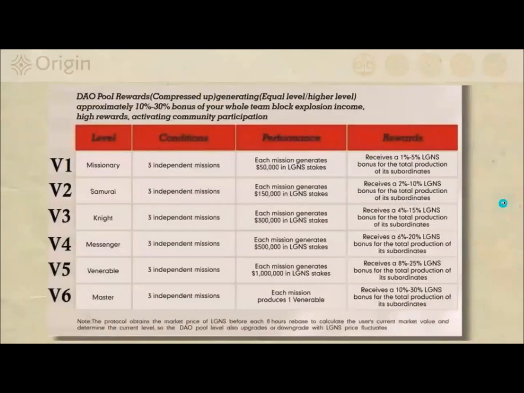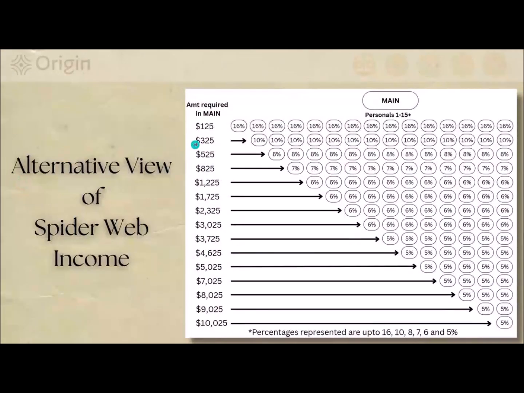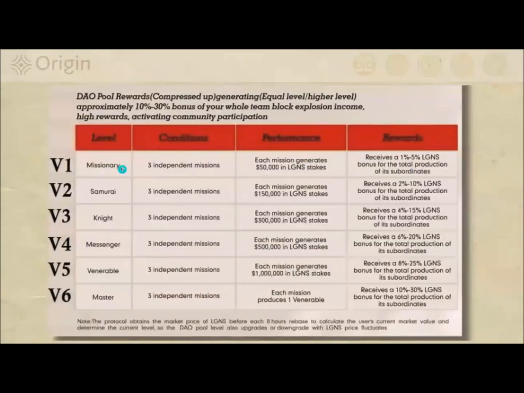What happens is it opens up now for you to be able to get what we call the DAO rewards, Decentralized Autonomous Organization. Now, this is where they call them missions. So looking back on here, each one of these dots you see here is a wallet, but it's also a mission. So we're going to look at these as being missions, all of these here.